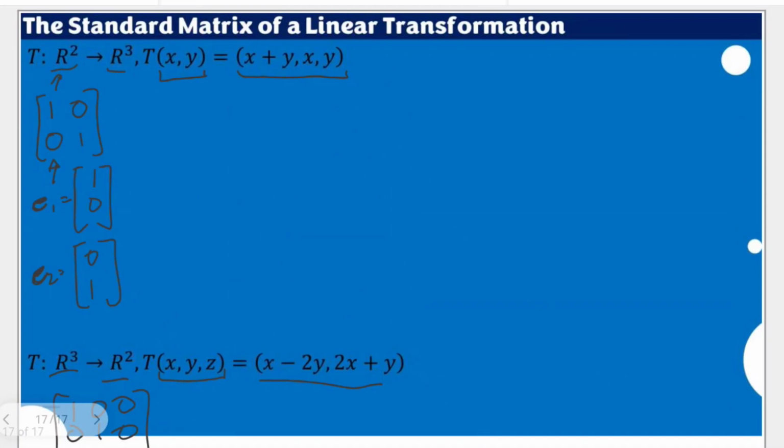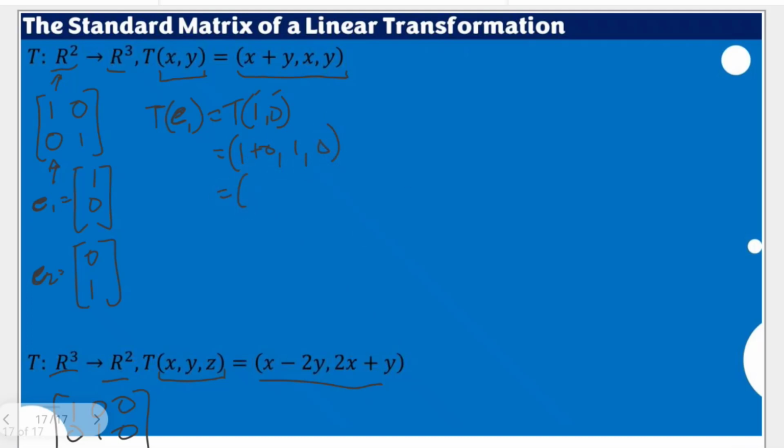Then let's start with the first vector, the linear transformation of 1, 0. In short, we will have x as 1 and y as 0. So we will have 1 plus 0, 1, and then 0.